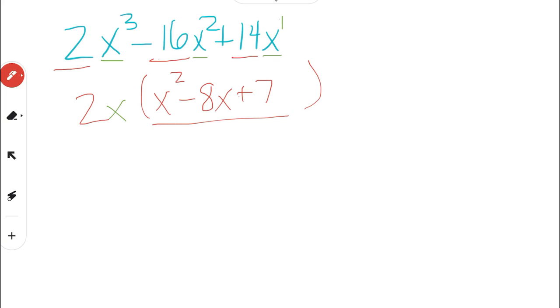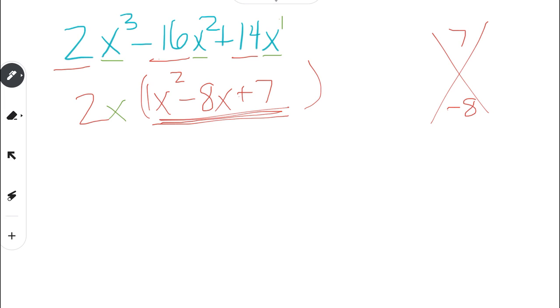Our second step is to factor whatever is inside here, if possible. And in this case, we're going to use that diamond method. So 1 times 7 is 7, and then we have negative 8. Our goal is to find two numbers that would multiply to give me positive 7, but add to give me negative 8.